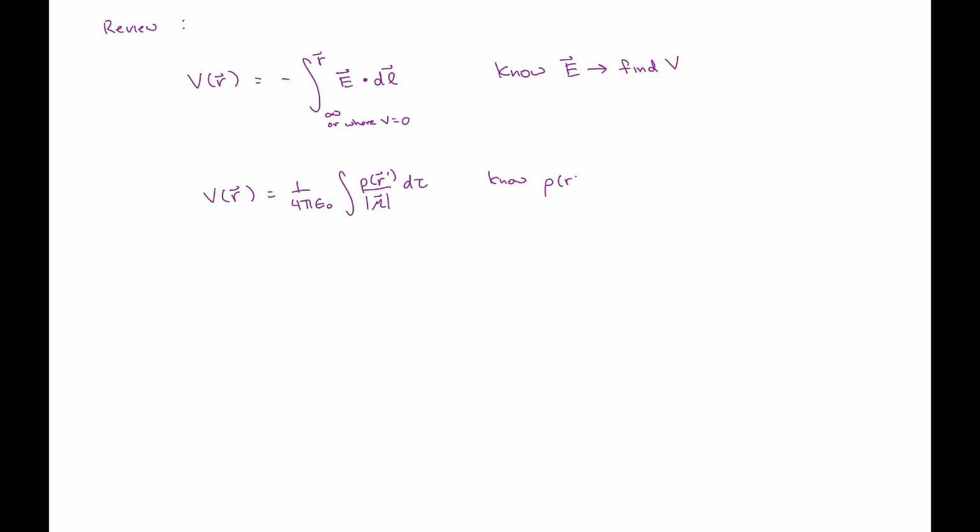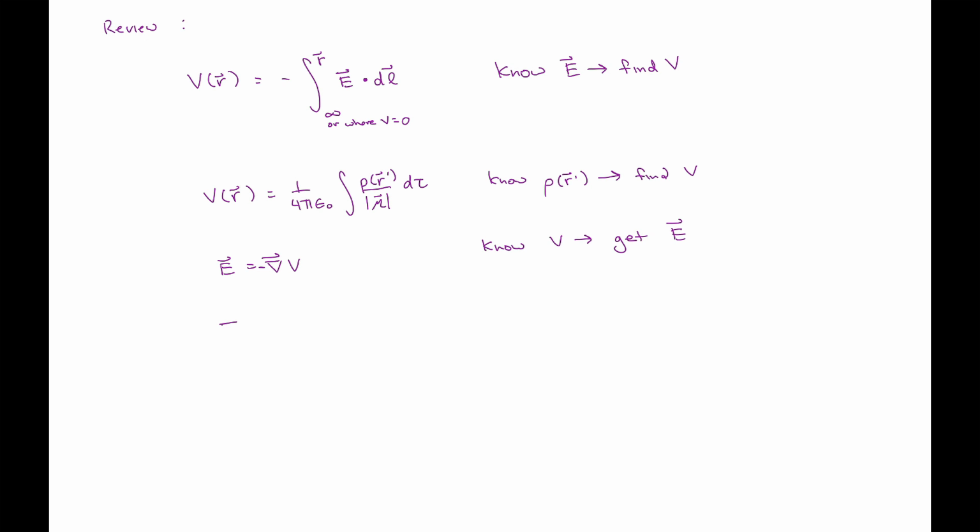I could calculate it, but I haven't done that yet. But I do know the charge density, and I want to find V directly from it. I often do it that way because then I want to calculate the electric field by taking the negative gradient of my potential. So if I know the potential, I can get the electric field.